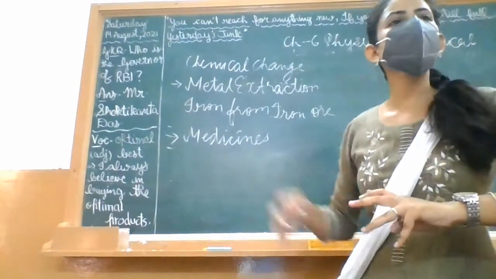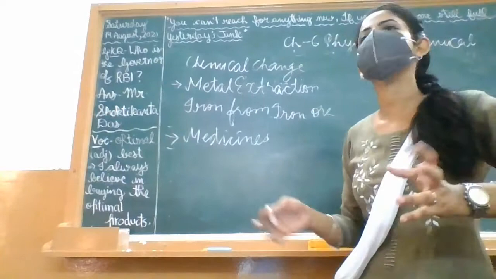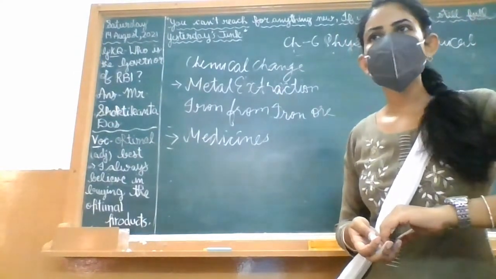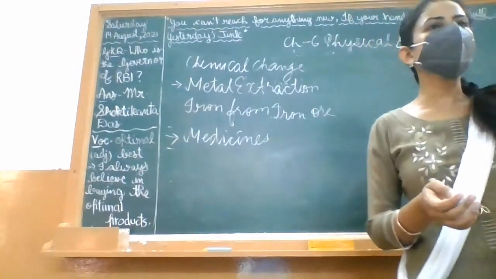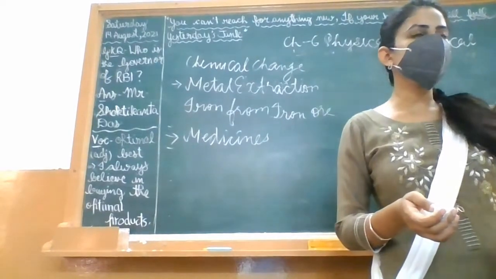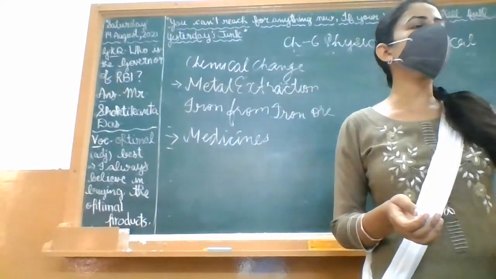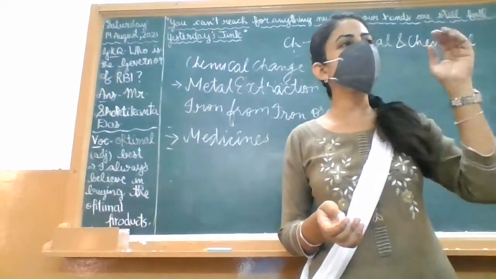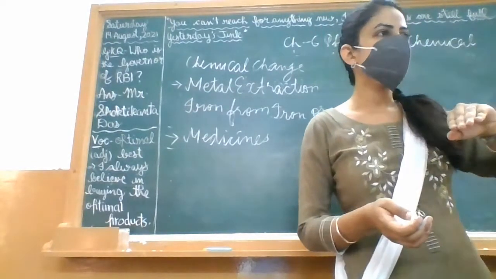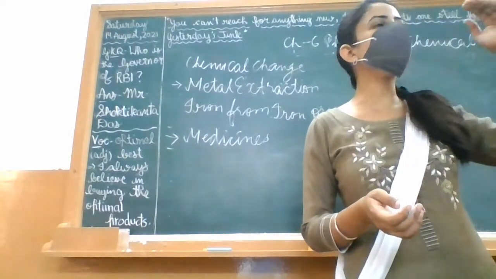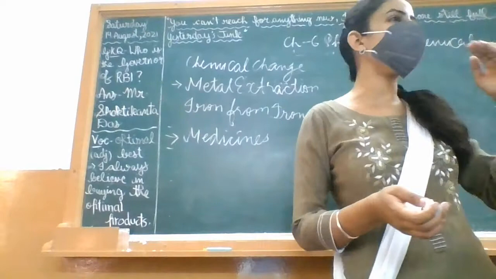A number of chemical reactions take place, then a medicine is formed. Clear? You must have seen the ingredients too. The composition of the medicine is written on its back side. Yes, so how many chemicals are used is written.